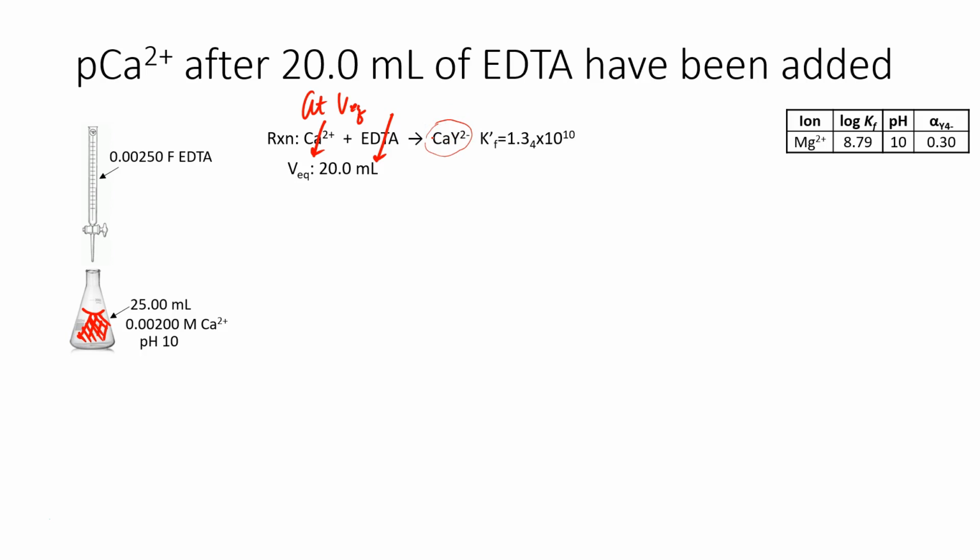And didn't we already do a problem where we had to calculate the free metal ion concentration in a metal EDTA complex? Yes. Who cares if this complex was formed by titration? We did it before, so we can do it again. All we need to do is figure out the concentration of this complex, so I'm going to rely on an ICE table to do that.